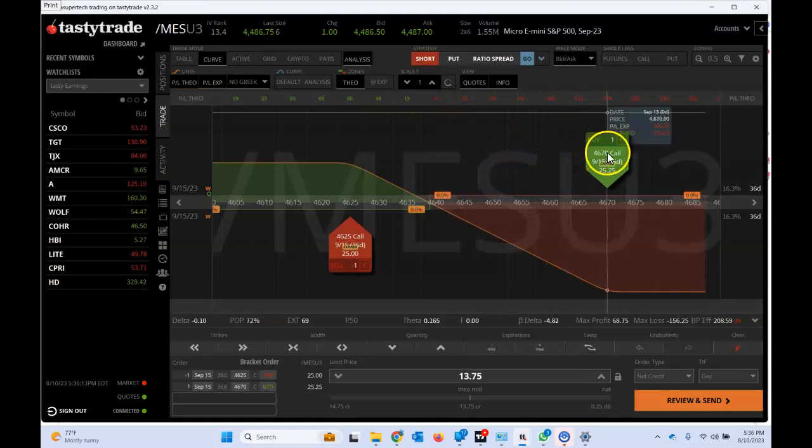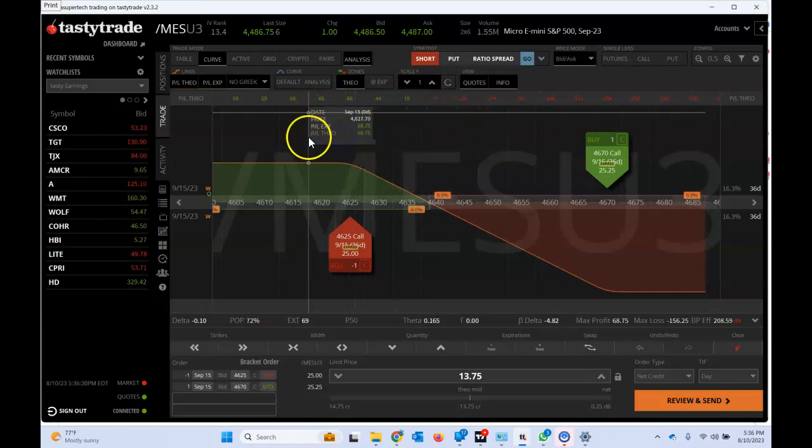And then at 46.70 is where you start to lose past that break even point, as you can see here. So we don't want to deal with any of this. We should not be in this situation when following this strategy.